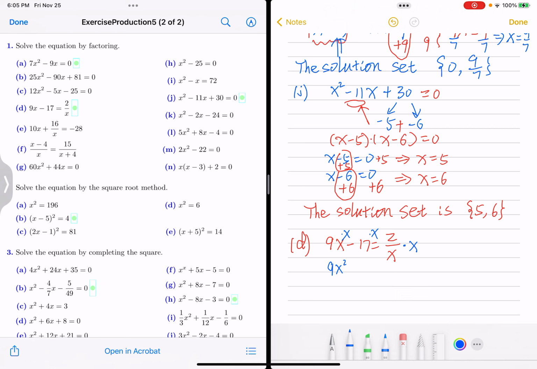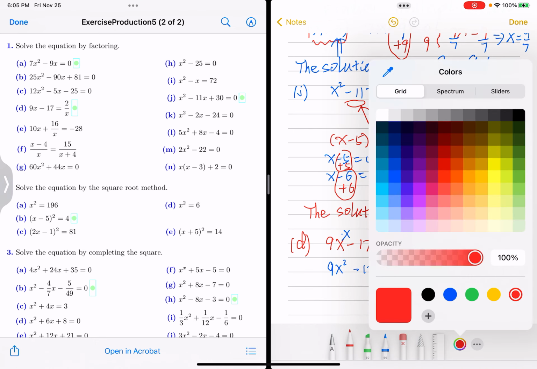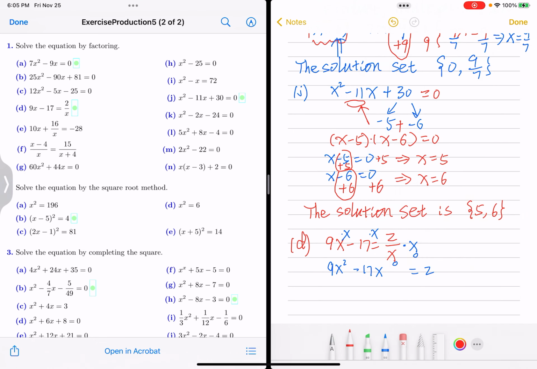Negative 17 will be 17x, and then equals 2. Those two will be cancelled. Okay. Now 2 is on the right hand side. You want to subtract 2 on both sides. So you get this one will be 0.